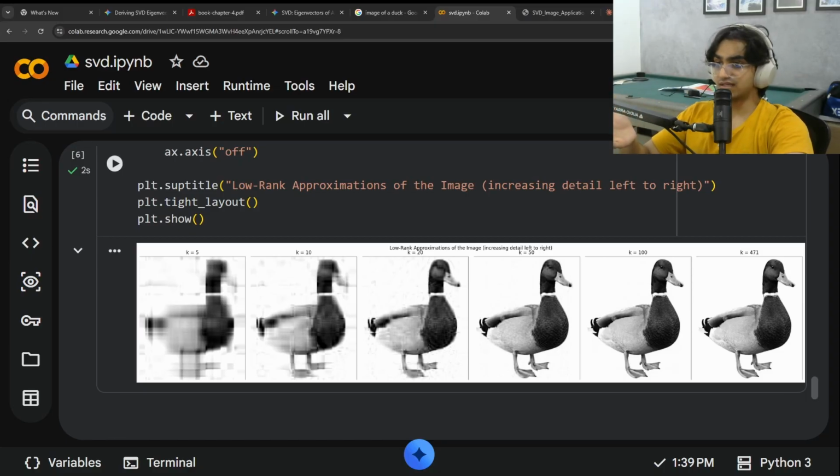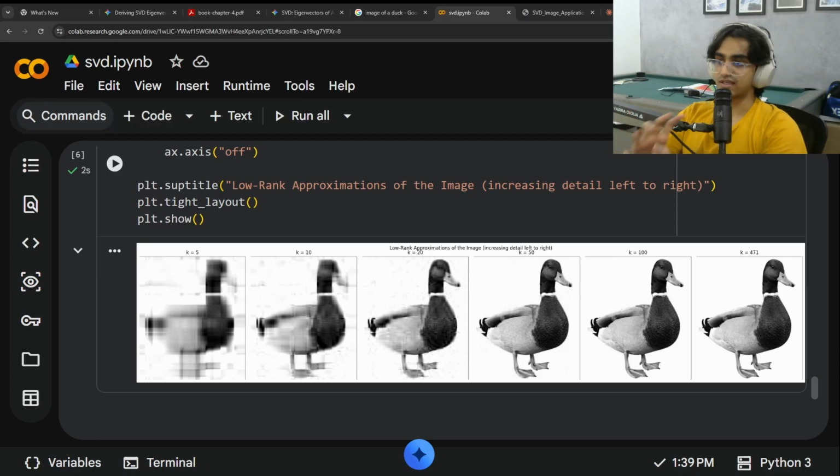At 20, we can see that it's a duck. If you look at 50, we can clearly identify it's a duck. And if you look at 100 and 471, there isn't much difference from 50. So as we can see, we don't need the entire 471 feature space. We've reduced it, but we've still got almost the same image.